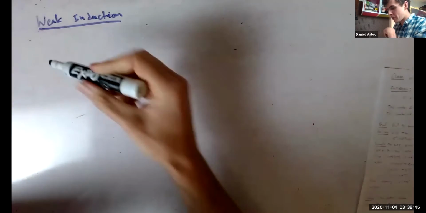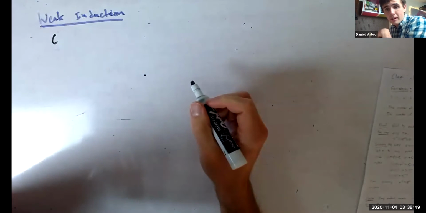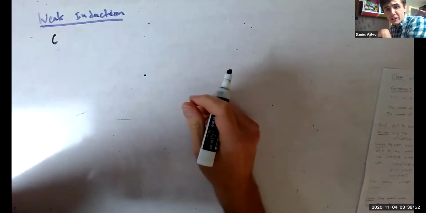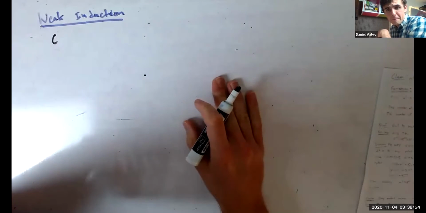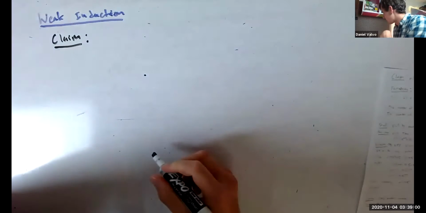Let's go with this claim right here for our first proof. So the first claim I want to prove goes like this. Any questions, by the way? About induction, not the weird things I say. Cool. All good. So the claim goes like this.